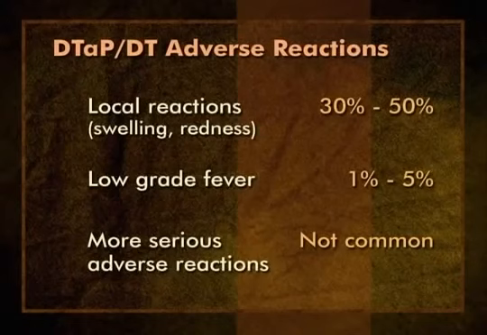The more doses a person has received, the more likely they are to have a local reaction. 30 to 50% of children who receive a 4th or 5th dose of DTaP will report pain, redness, or swelling at the injection site. Low-grade fever is reported within 72 hours in 1 to 5% of children who receive DTaP. More severe systemic adverse reactions, such as fever of 105 or higher, persistent crying, and hypotonic hyporesponsive episodes are not common.